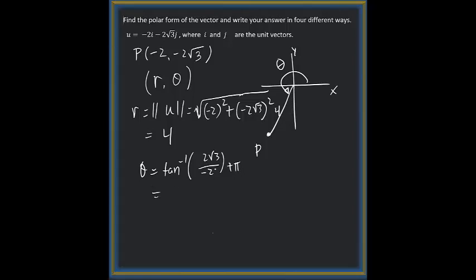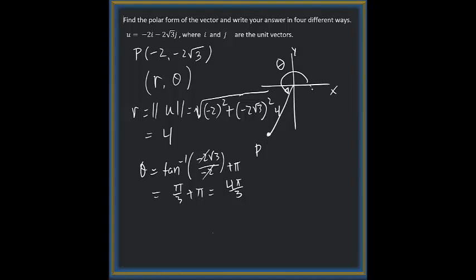So negative 2 will cancel out. Tan inverse radical 3 is actually pi by 3, 60 degrees. So pi by 3 plus pi gives you 4 pi by 3. So that's the angle we got, theta.